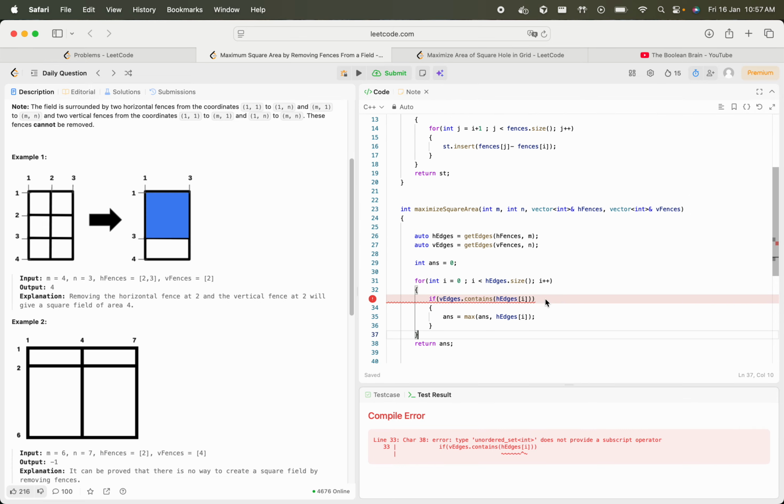Okay, if the vertical set contains... the set does not support the subscript operator.